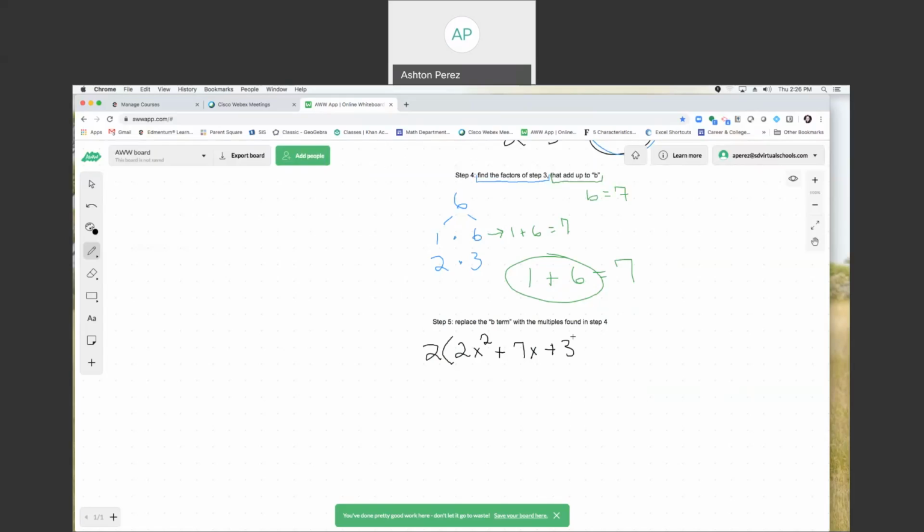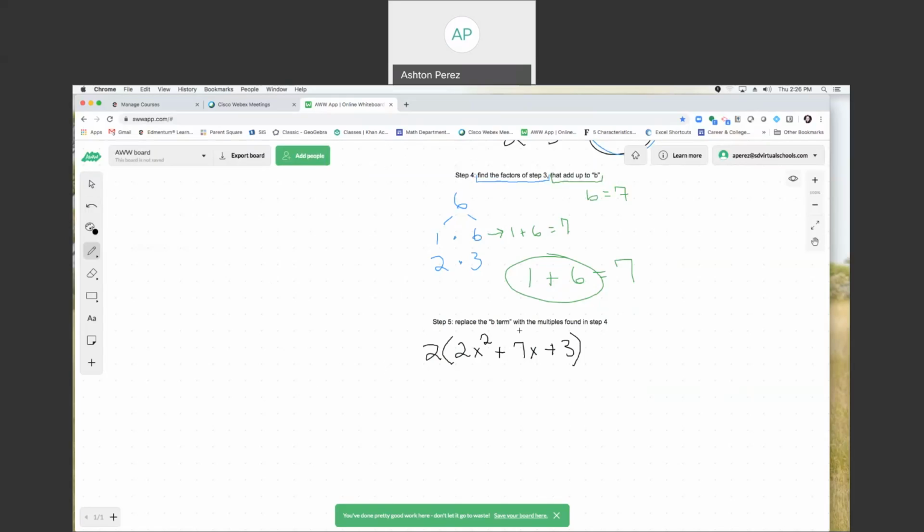There we go. Okay, and I encourage you, when you go through each of these steps, continue to rewrite the problem before you do work on it so you don't confuse yourself. And notice I still have my 2 lingering out here. He's not going anywhere, so just remember to drop him down.